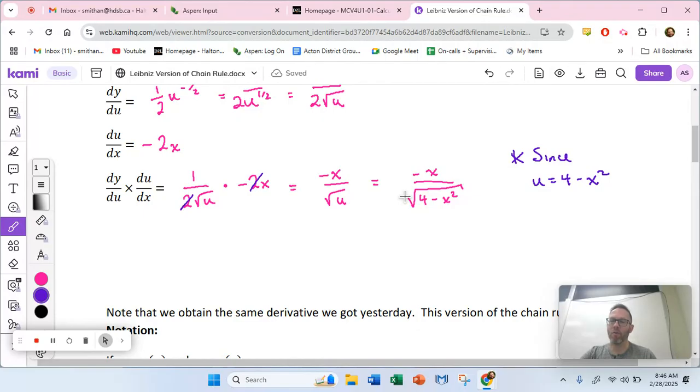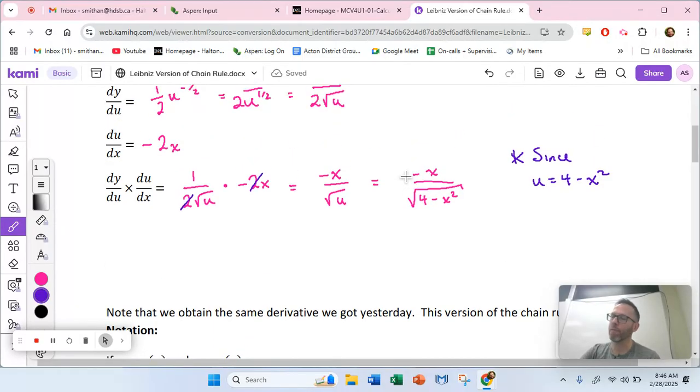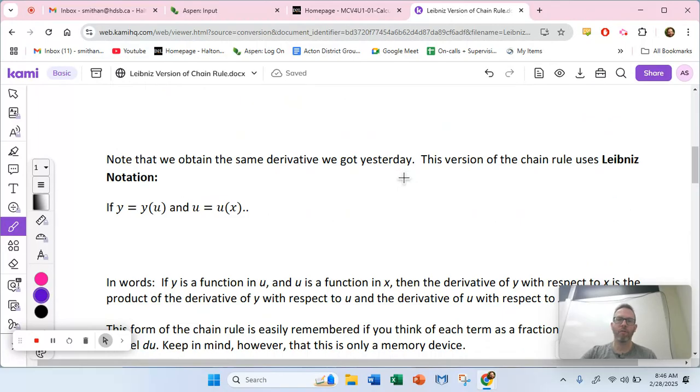Let's restate the chain rule if we're using Leibniz notation for our derivatives. And this is actually where the chain rule gets its name. It's pretty cool, so observe. If you have a composite function, so y is a function of u, but u is a function of x, then the following is true. dy by dx is equal to dy by du times du by dx.